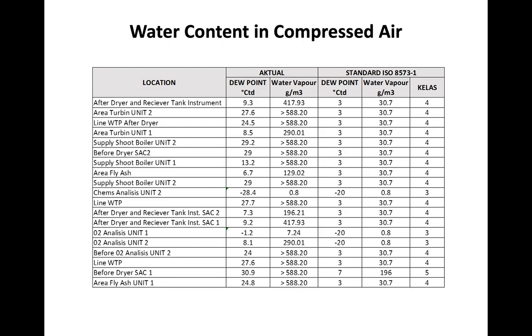For example, number 1, location after dryer and receiver tank instruments. Dew point is 9.3. It means that the water vapor is about 417.93 gram per meter cubic.